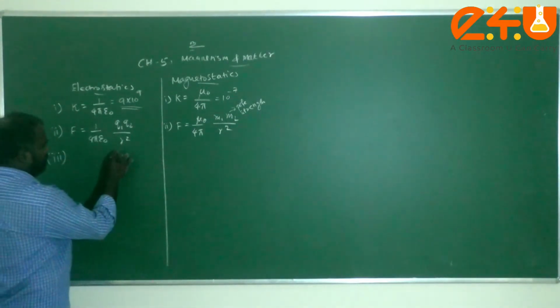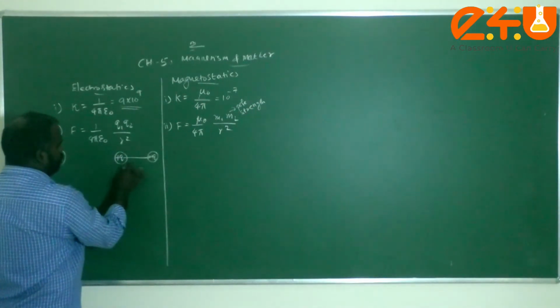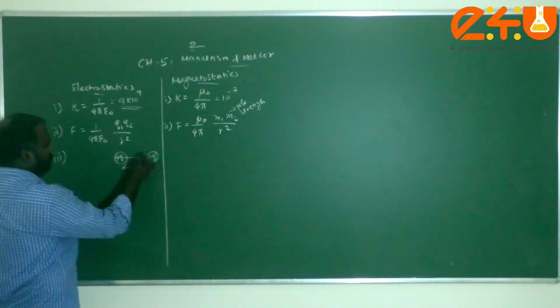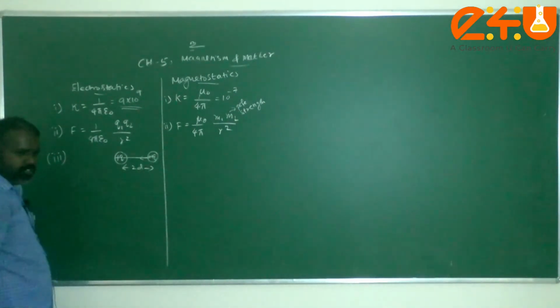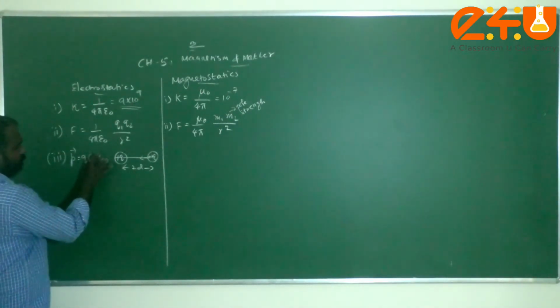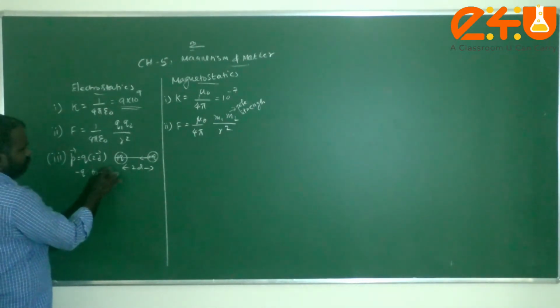The third one is the dipole moment. For an electric dipole, we define minus q and plus q separated by 2d, for example. Then P vector is equal to q into 2d vector, and the direction is from negative charge to positive charge.